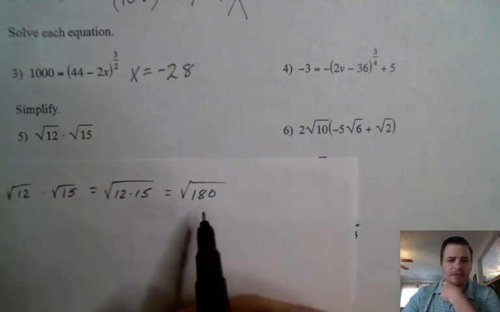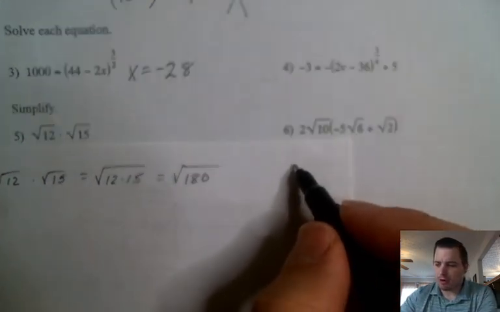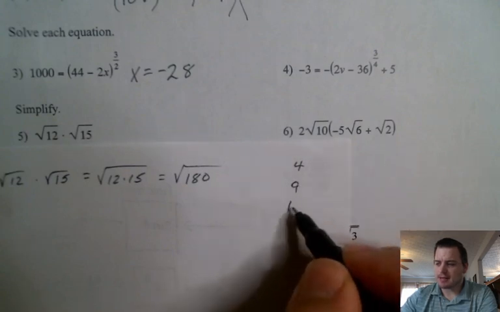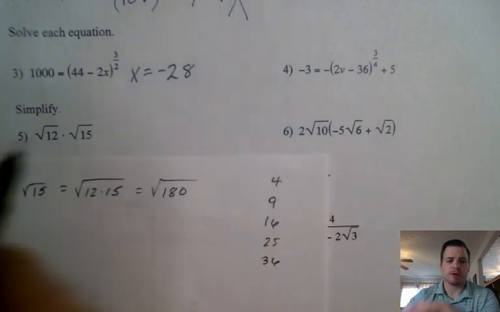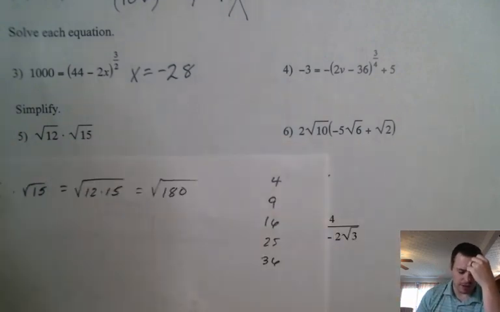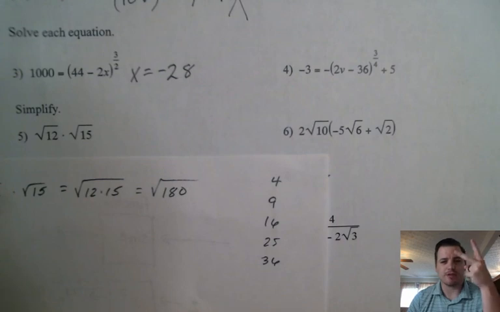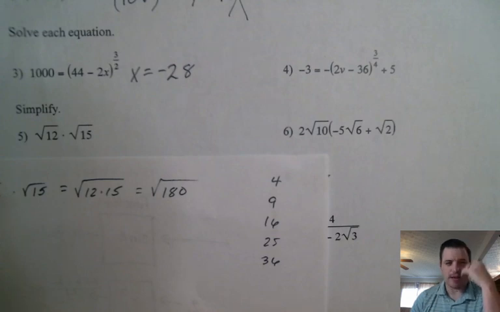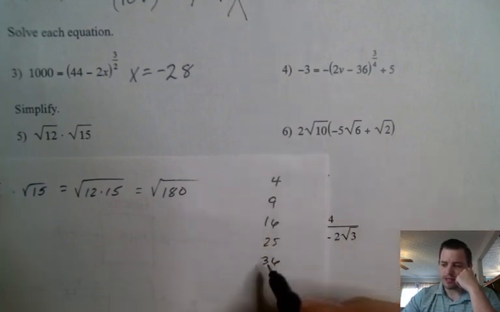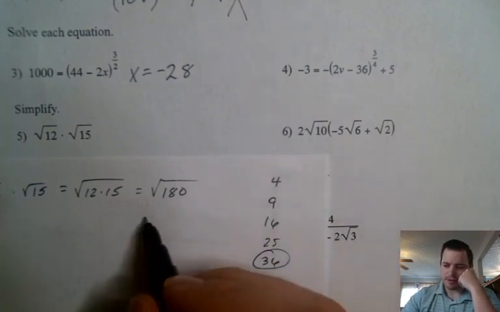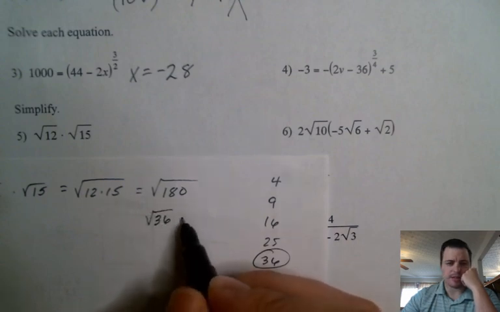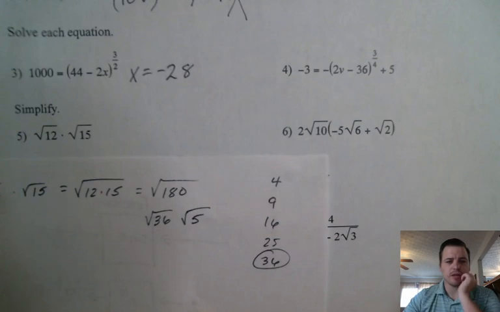But now we need to simplify this and ask ourselves, which perfect square, 4, 9, 16, 25, 36, which perfect square goes into 180? Well, I know 4 does because the divisibility rule for 4 is if you can cut something in half twice and it's even, then 4 will go into it. But you just have to ask yourself, is there a bigger number? In this case, if you went through there, you would actually get to 36. And 36 times 5 is equal to 180.